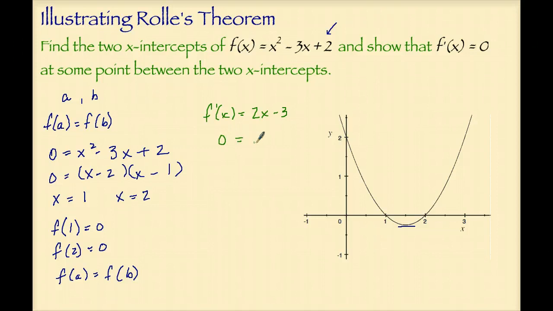Set the derivative function equal to 0 to find that value. It turns out that at 3/2 the function has a slope of 0. Notice 3/2 is between 1 and 2, so Rolle's theorem guaranteed us a value which we then found by taking the first derivative and setting it equal to 0.